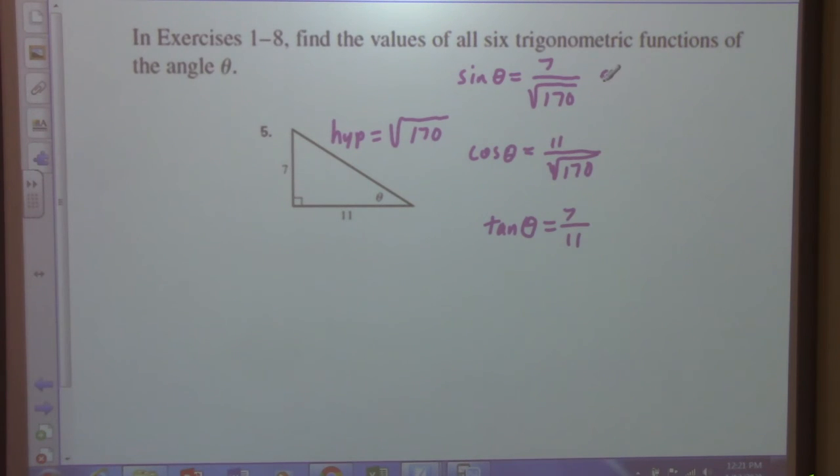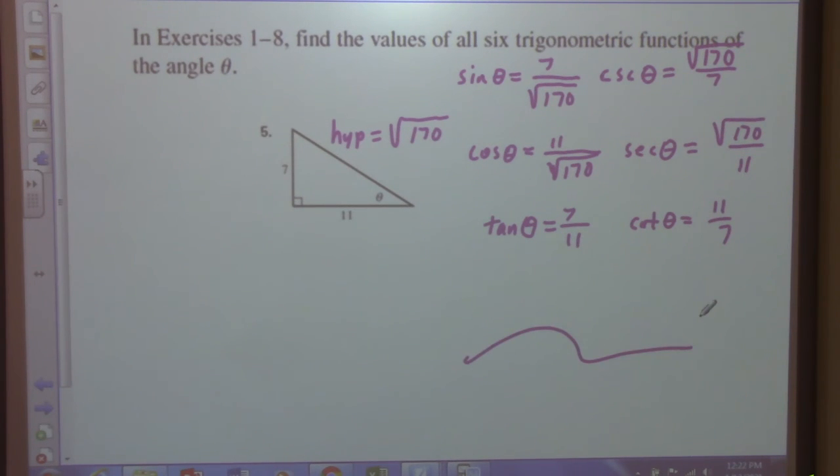And then the next is square root of 170 over 7, and then the next one is square root of 170 over 11. And the last one will be 11 over 7. Okay, does that look good?